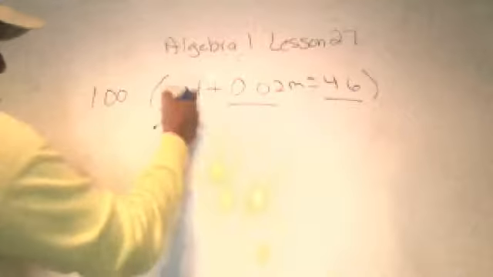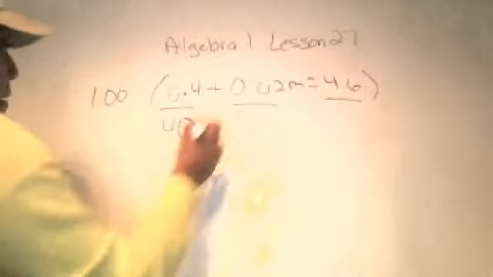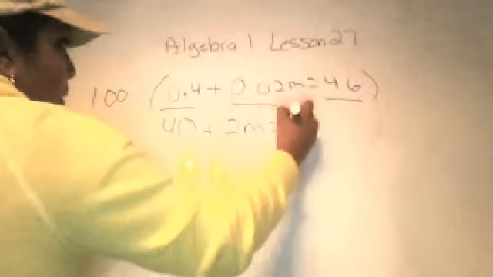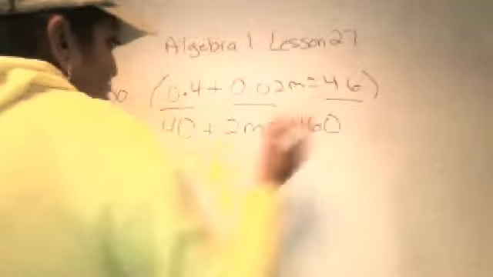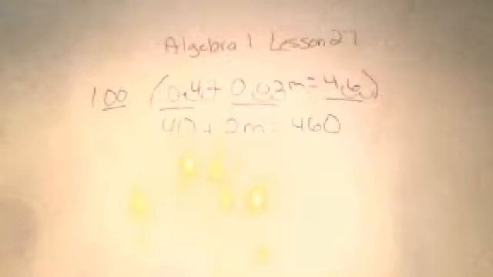So what's 100 times 0.4? You simply move it over. It becomes 40. Plus, this becomes 2m. This becomes 460. If you forget how to do that, you multiply by 100, there's 2 zeros, you move your decimal place over 2 places. Now I have whole numbers.